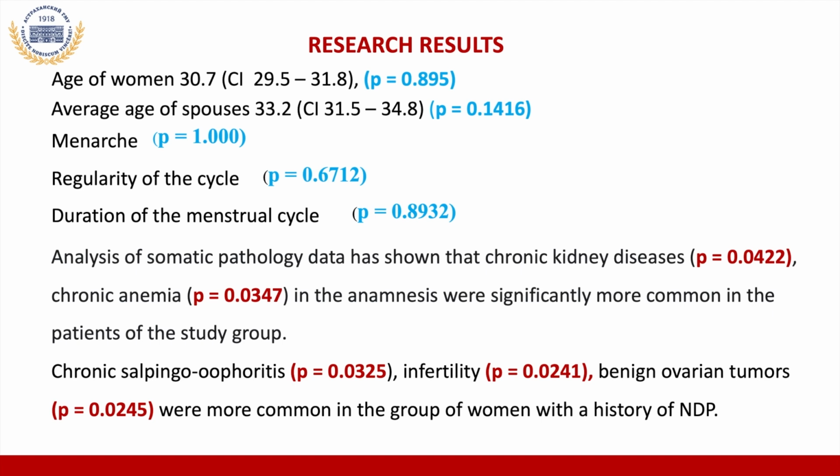The results of the anamnestic data study are presented to your attention. In patients with a non-developing pregnancy, in the anamnesis, chronic diseases and tumors of the reproductive system are statistically more often noted.